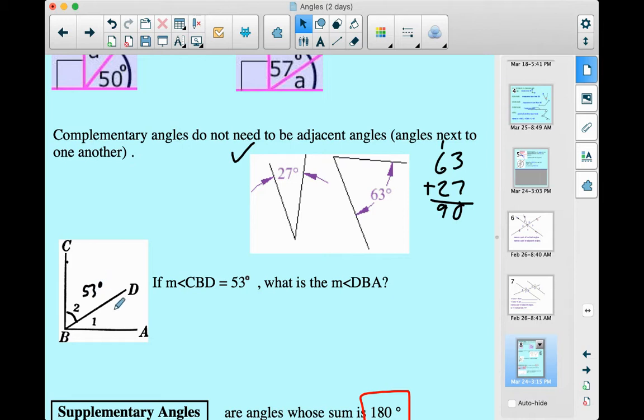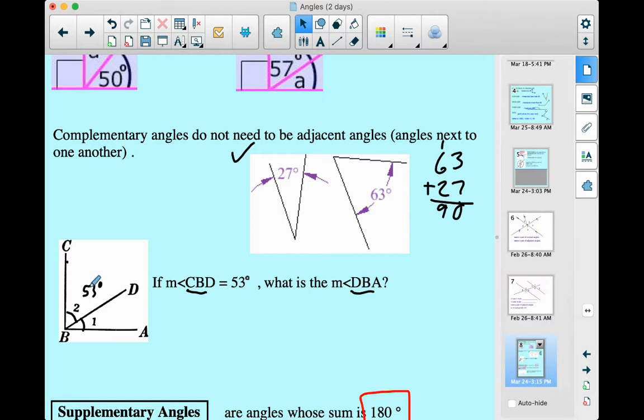What is the measurement of DBA? DBA is this angle here, marked angle 1. Notice I couldn't refer to either of these angles as angle B because there's more than one angle on that vertex. But these are the full names. I could have also called them angle 2 and angle 1.